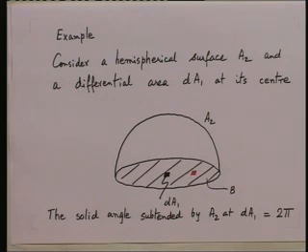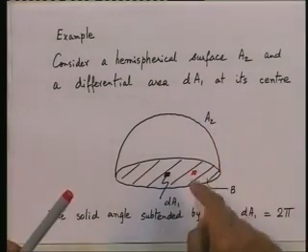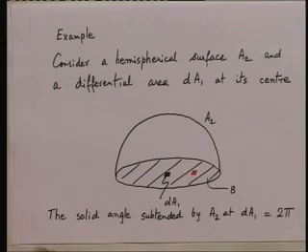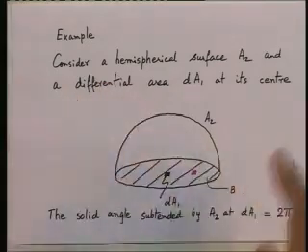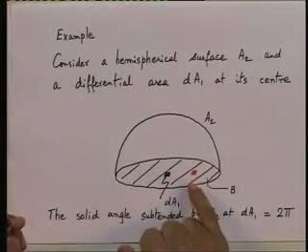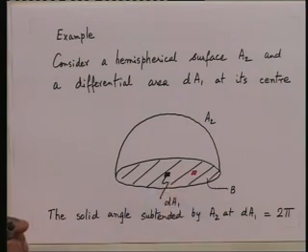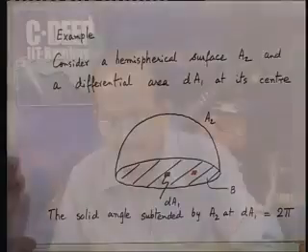Now, I ask you the question: if this is dA1, what is the solid angle subtended by A2, the hemispherical bowl, at this red differential area dA1 instead of being at the center? Okay. And you should be able to tell the answer yourself.